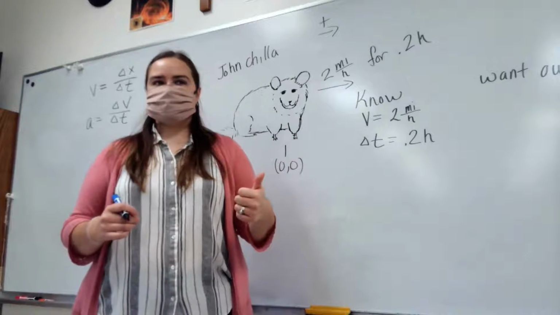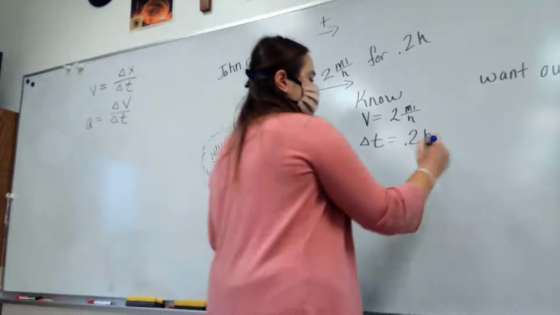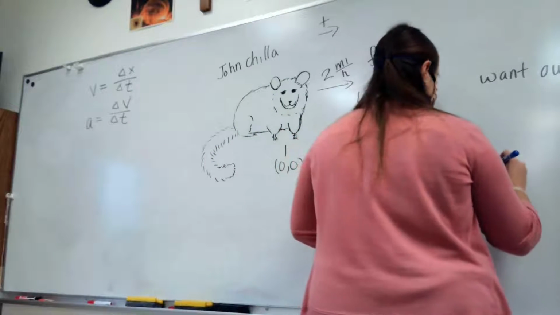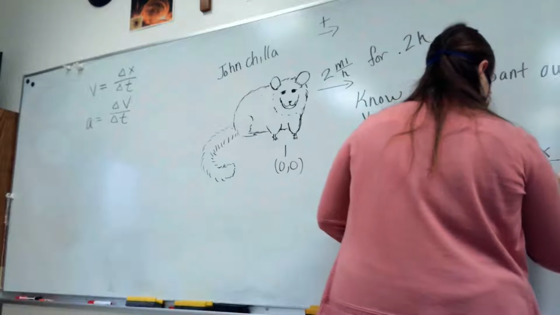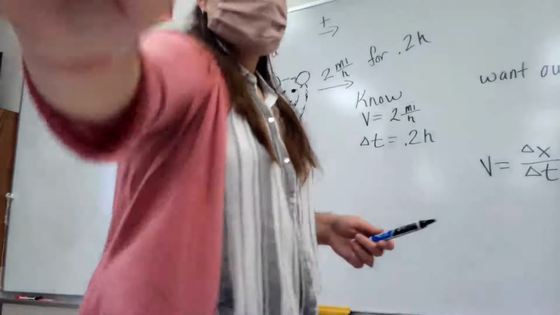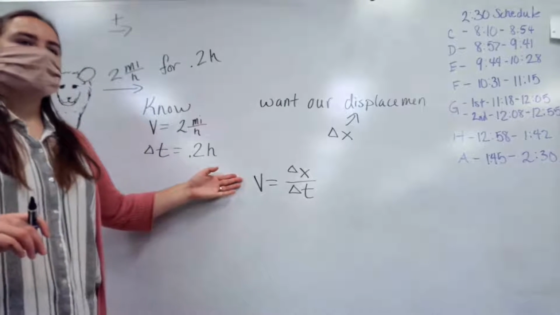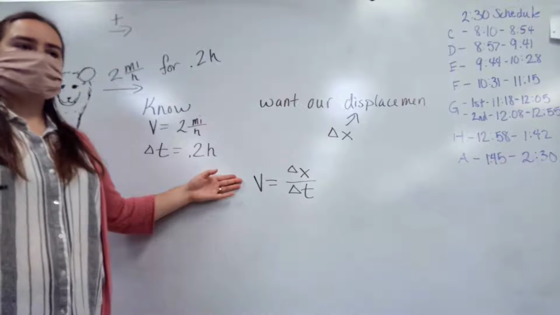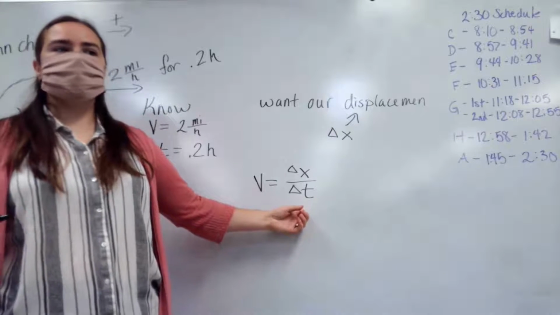Everybody got this? Yeah? So if we take our equation, we have our equation v equals delta x over delta t. Okay? So we don't want this to equal our velocity. We know that. We don't want it to equal delta t. We know that.